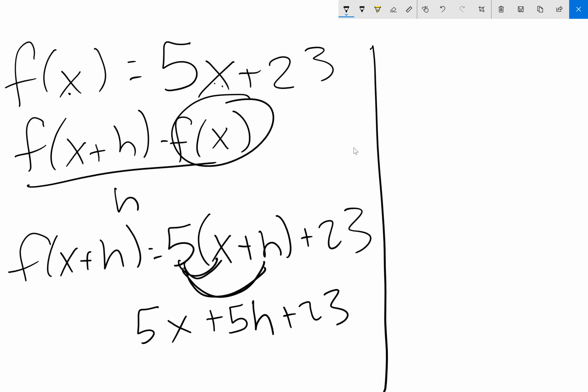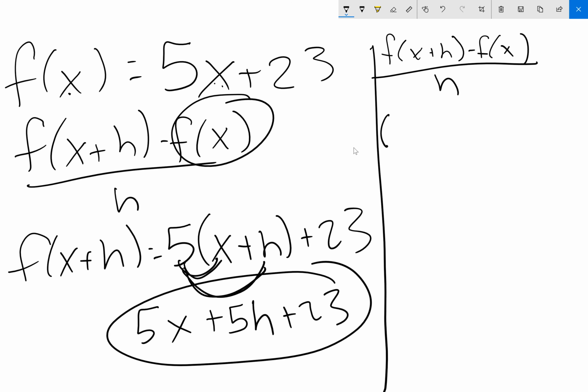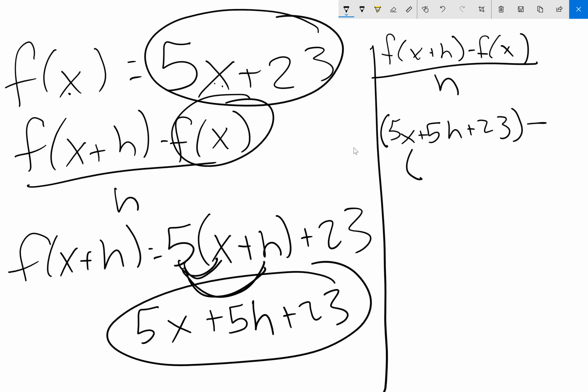So f of x plus h minus f of x all over h. Our f of x plus h is this, right? 5x plus 5h plus 23 minus the whole thing, so minus 5x plus 23. And this is all over h.